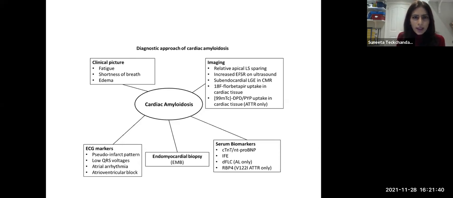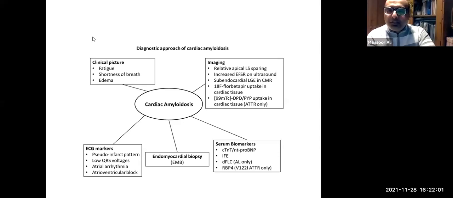And imaging, I will talk through in more detail later on, so I'll leave that. And then serum biomarkers, troponins are elevated, BNPs are elevated in the majority of these patients. The diagnostic tests are biopsies in these patients. Next slide, please.